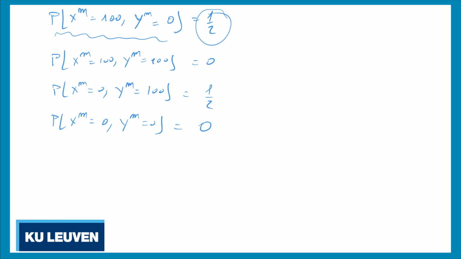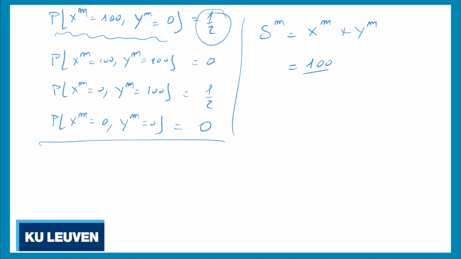So if you then look at the random variable S_m, which is your sum when your random variables are mutually exclusive, this S_m random variable is equal to X_m plus Y_m. But under mutual exclusivity, X_m equal to 0 means Y_m equal to 100, and X_m equal to 100 means Y_m equal to 0. So that sum, if you add these two, you always get 100.